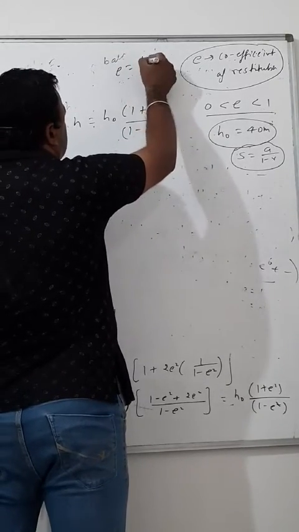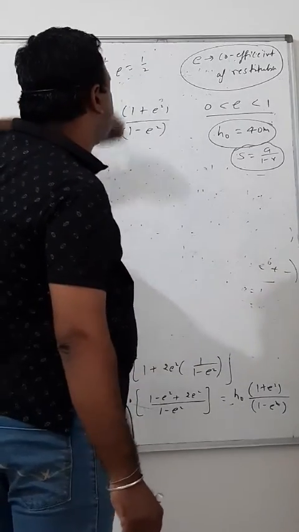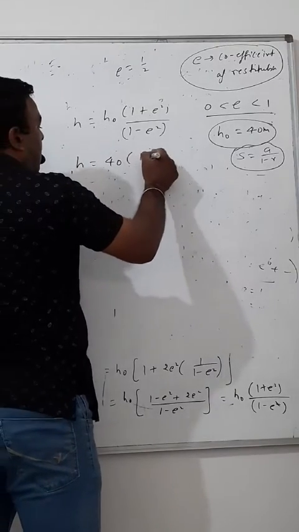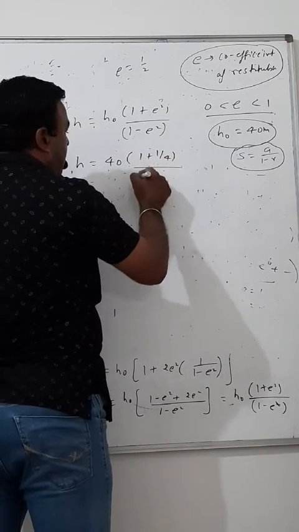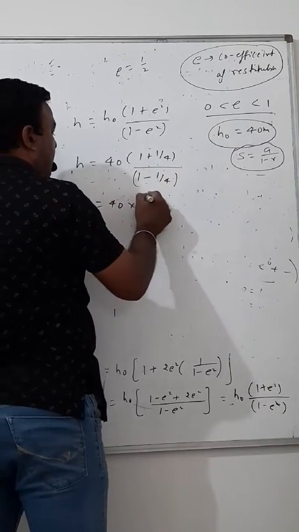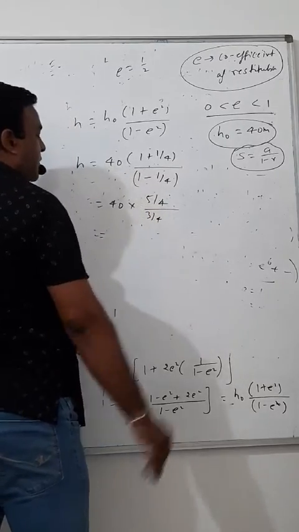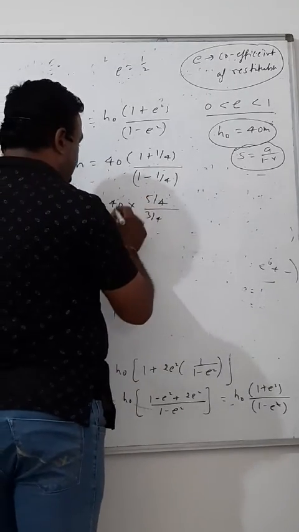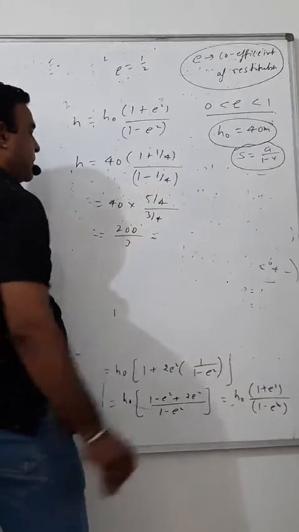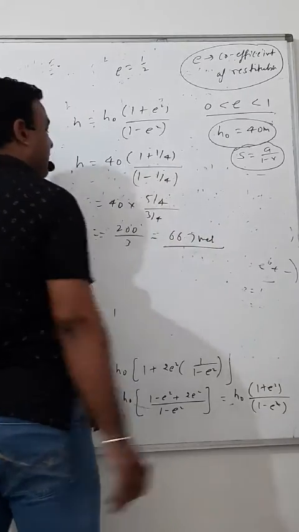Sorry, e equals 1 by 2, then e square is 1 by 4. H0 equals 40, 1 plus 1 by 4, 1 minus 1 by 4: 5 by 4 over 3 by 4, 200 by 3, 66.7.